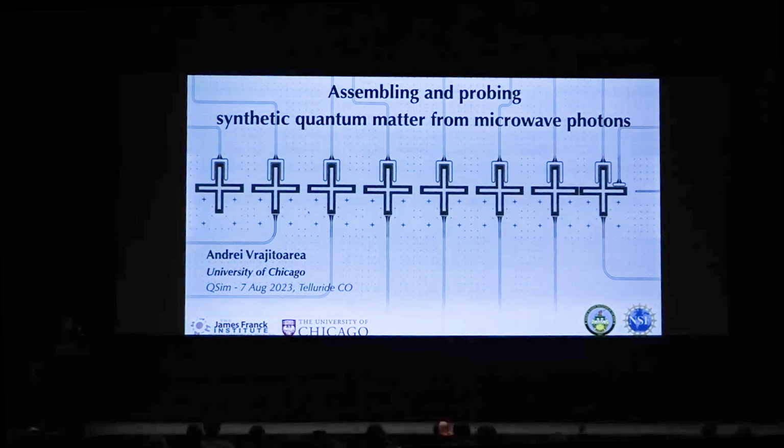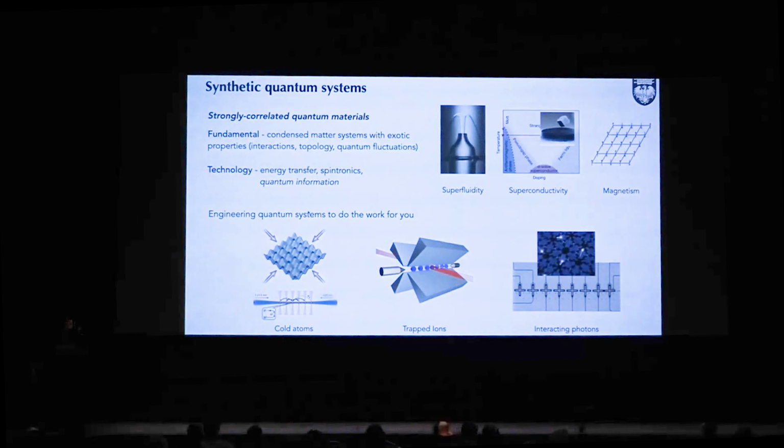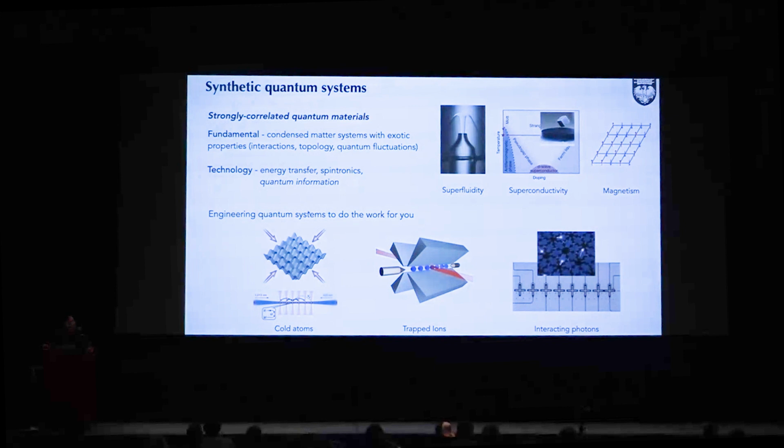The motivation behind these experiments follows a growing interest in understanding strongly correlated materials, both from a fundamental perspective of understanding phenomena in these models, as well as harnessing these quantum systems for technological applications.